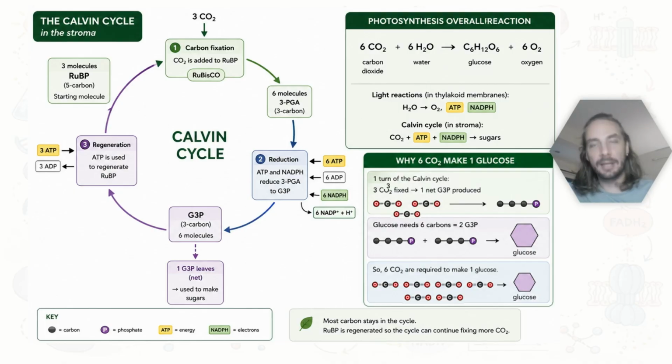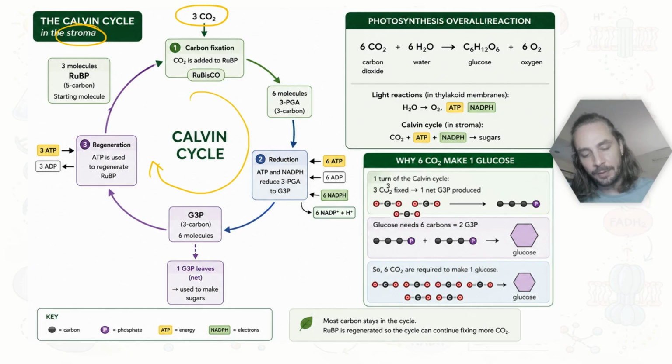The Calvin cycle happens in the stroma of the chloroplast. So here I can see that 3 carbon dioxides are entering this Calvin cycle. This means this Calvin cycle has been repeated 3 times, and it needs to repeat itself 3 times to have one G3P molecule leave.